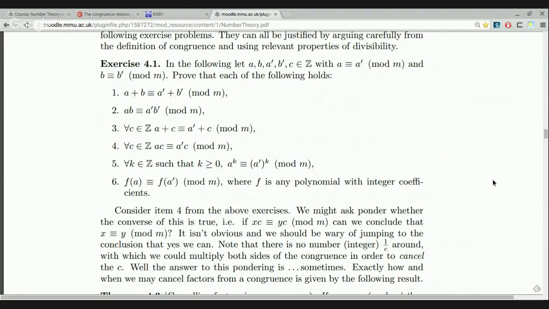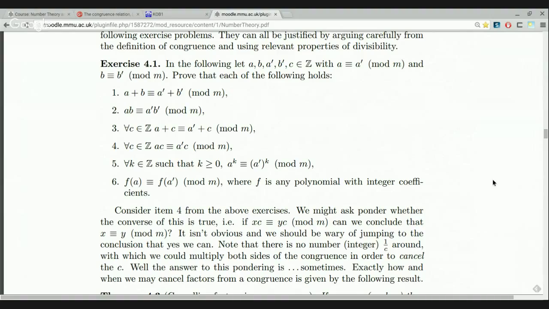We saw that a plus b is congruent to a prime plus b prime. And similarly for multiplication, a times b is congruent to a prime times b prime. These are the steps for building up properties about addition and multiplication and congruence.